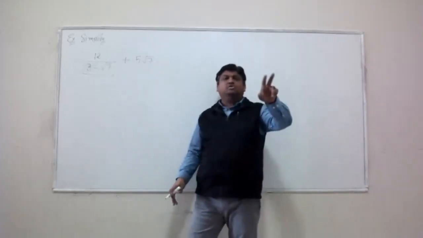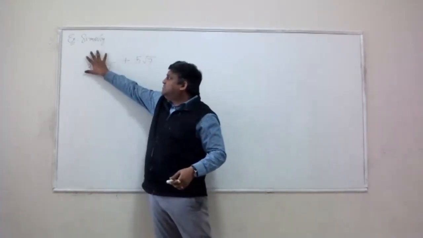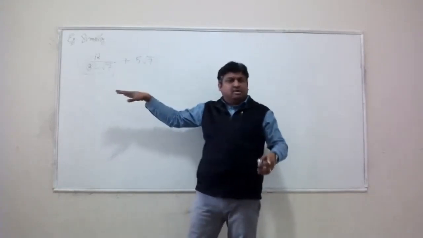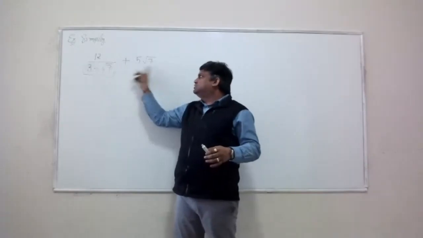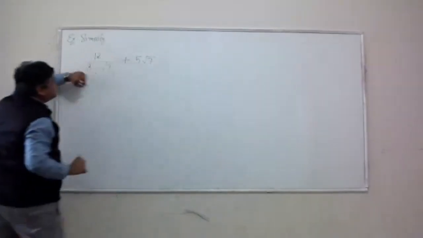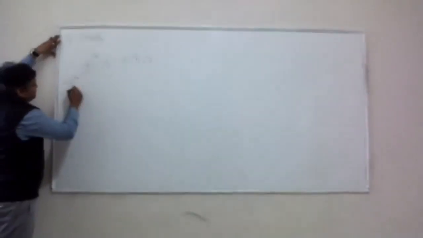So we are going to do this solution in 2 steps. Step 1, rationalize this first term by itself, and whatever the rationalization is, use it as a replacement of your first term, and then simplify the like terms. So here is the solution.